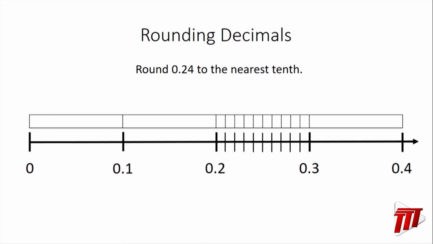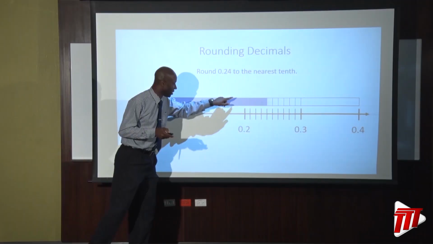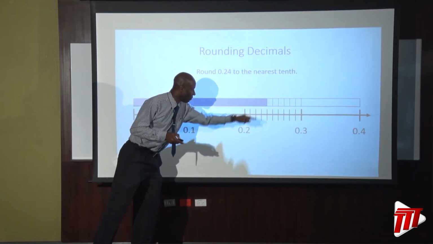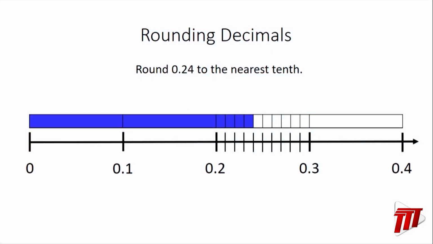So 24 hundredths is going to be 10 hundredths plus another 10 hundredths, 20 hundredths, plus 1, 2, 3, 4, 24 hundredths.